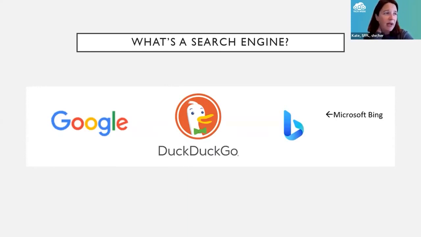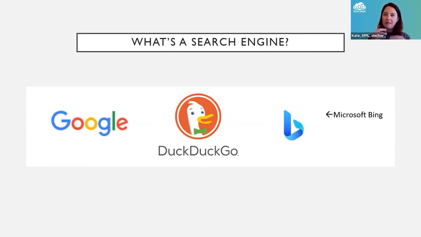So how a search engine works, just in broad strokes, it's not psychic. It's not a definitive answer on anything. But what each of these companies that have developed search engines do is they send little software robots, sometimes known as spiders, and they look at all the websites that everyone has posted on the internet.